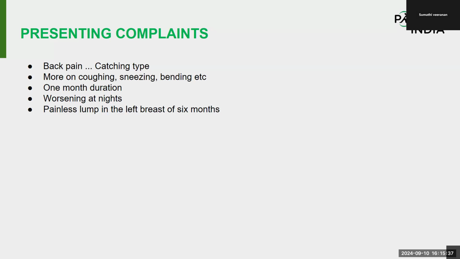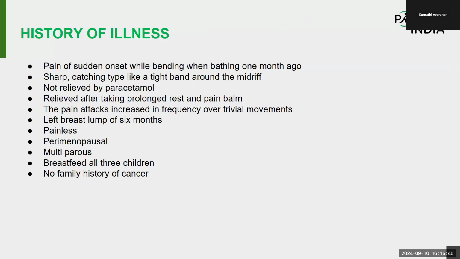History of illness: her pain was of sudden onset while bending when bathing, 1 month ago. She got short catching type of pain like a tight band around the midriff. Pain not relieved by paracetamol. She feels relieved after taking prolonged rest and using pain balm.